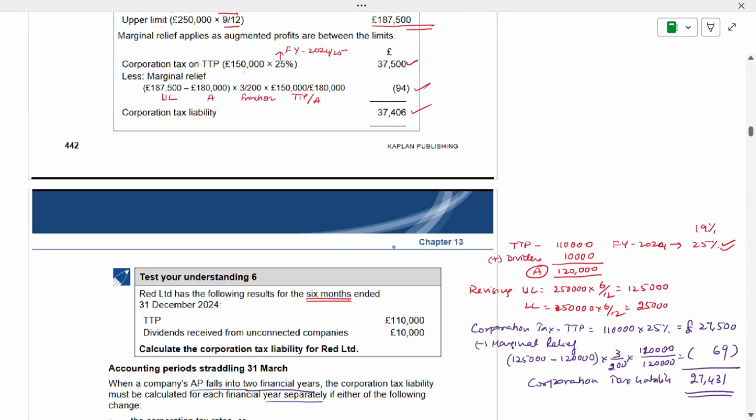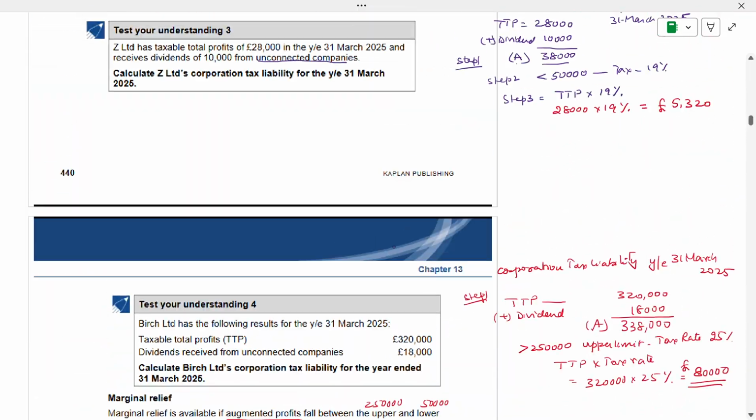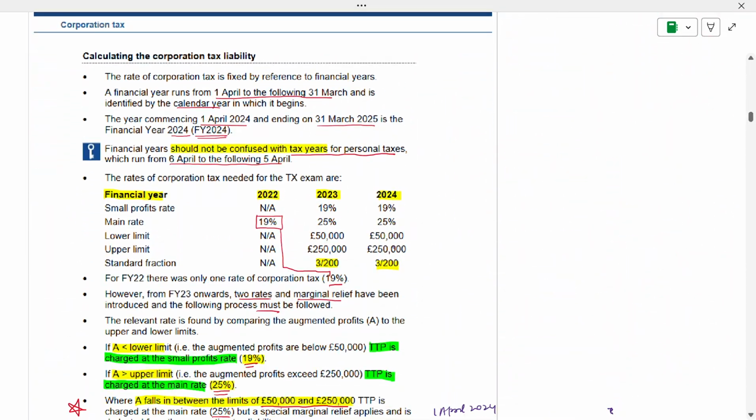Sir, how was 19% identified? For financial year 22, only one rate is there. It's fixed at 19. Check the table.